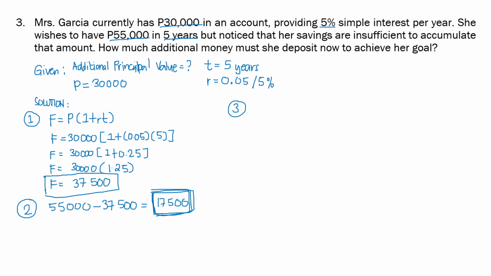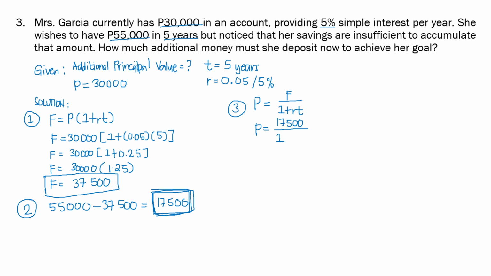So formula for principal value is P is equals to F divided by 1 plus rate times time. So the F nga atong pangitaan, ang F value is 17,500.